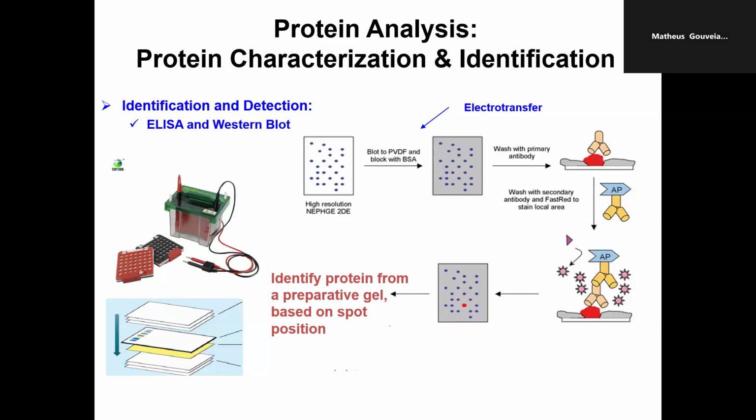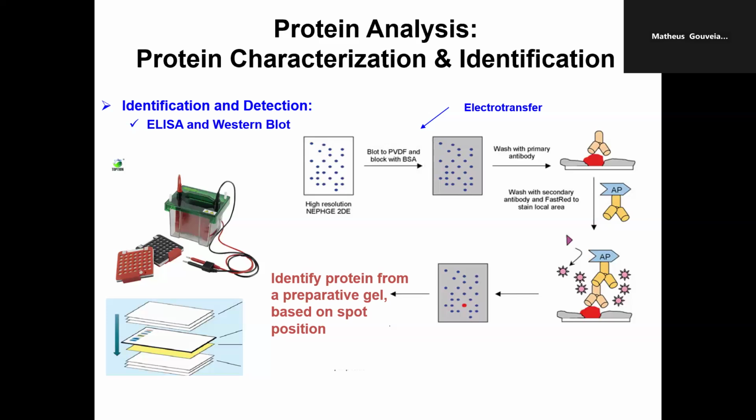And you take that membrane and incubate it with the different reagents to induce the immuno interaction. You put your enzyme-labeled antibody, and then you put the substrate, you get the color, and you basically will see if you have your protein.